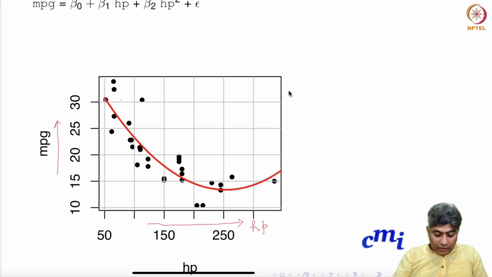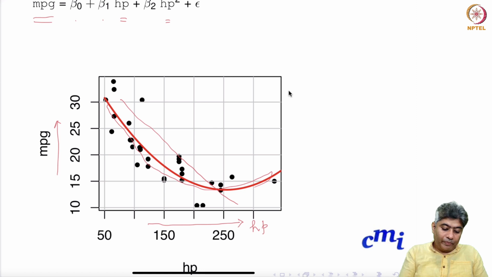We could have easily fit a straight line here, but it looks like one can also try quadratic regression. Now, how can this quadratic regression be fit? The simple way of doing it is miles per gallon as a function of beta naught plus beta 1 horsepower plus beta 2 horsepower square plus epsilon.